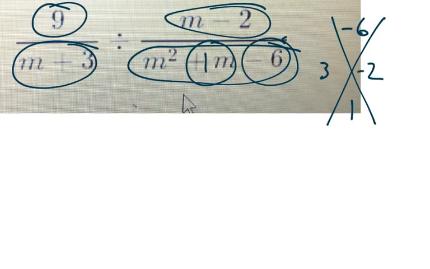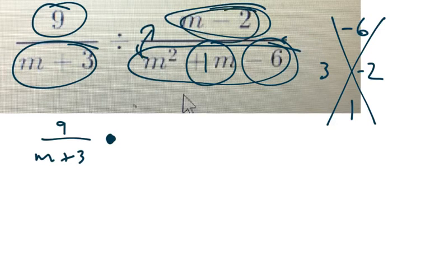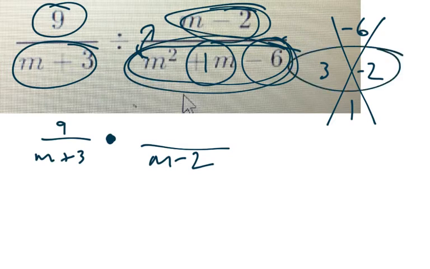So I have a 9 over m plus 3. That doesn't change. Now, since it's divide, you have to remember to change the times and do the reciprocal here. So m minus 2 now is in the denominator. And this we're going to factor, which we did right here. That goes in the numerator.